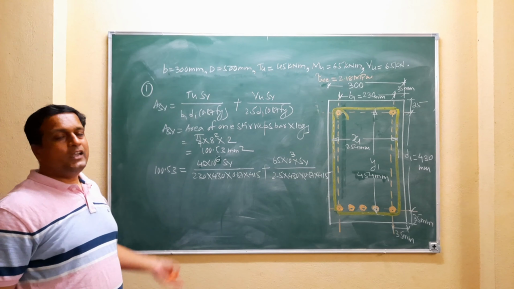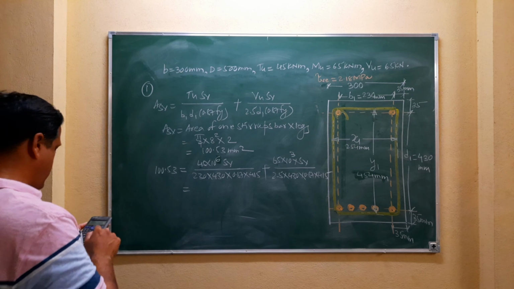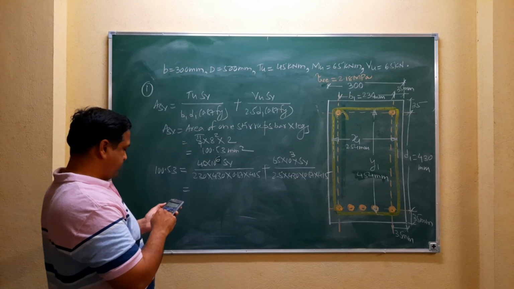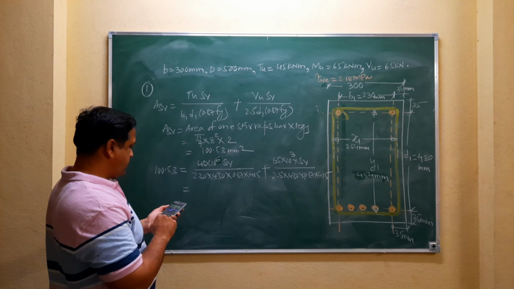Now you find out the spacing SV. It is 230 into 430 into 0.87 Fy is 415. The value is 1.26 SV, plus next is 65 into 10 raised to 3 divided by 2.5 into 430 into 0.87 Fy is 415.